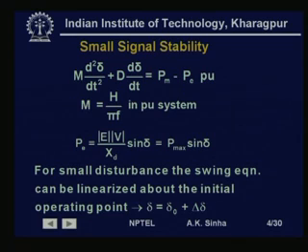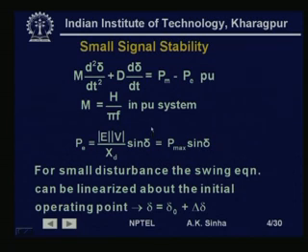This is what we do when we try to study the small signal stability for a power system. So, let us start with this swing equation that we have. M we write as H by pi f, where H is the inertia constant in per unit, and we have P is equal to EV by Xd sine delta, which we call Pmax sine delta.